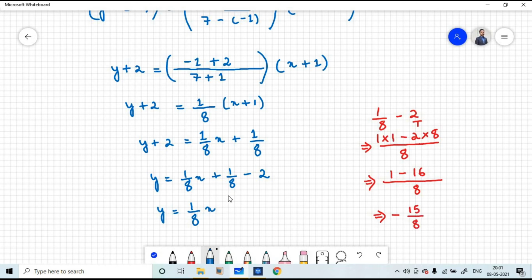So we have 1 by 8 minus 2 equals minus 15 by 8.